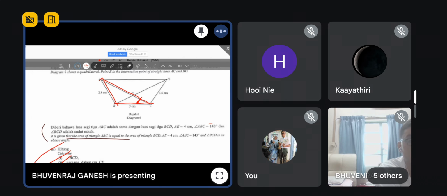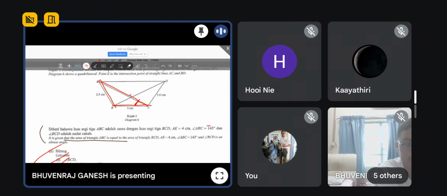EC was, let me see the value, 1.5. Okay, EC value is 1.5 cm. So sekarang kamu kena guna segitiga ABC. Use your ABC triangle and find the ACB angle. So macam mana cari ACB, guys?